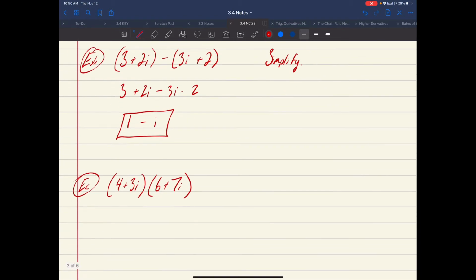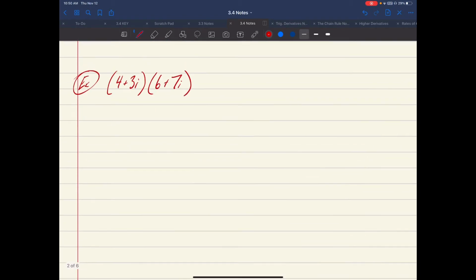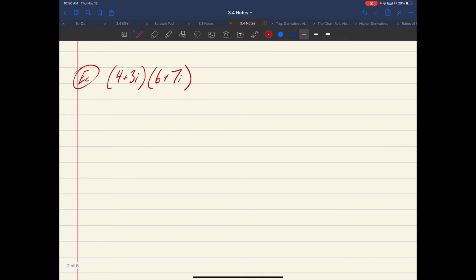Let's do this one: (4 + 3i) times (6 + 7i). Distribute. So 24 + 28i + 18i + 21i squared. That's something we'll have to work with.